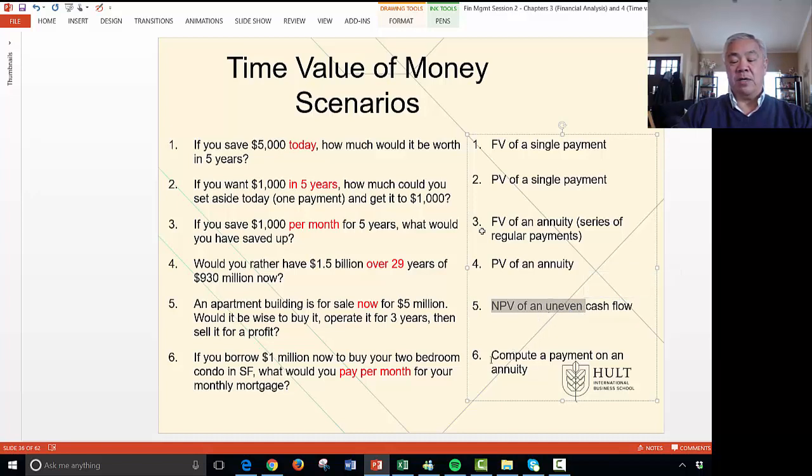And last, we're computing the payment that would be due upon an annuity, in this case, a mortgage payment. So although these are familiar sounding scenarios, or you can at least envision them to be typical financial or business scenarios, what we need to do is discern which of the tools that we just looked at we can use to attack those scenarios. So we're going to do each one of these in turn.